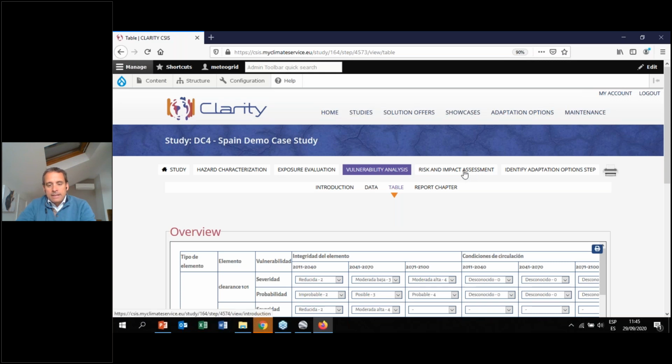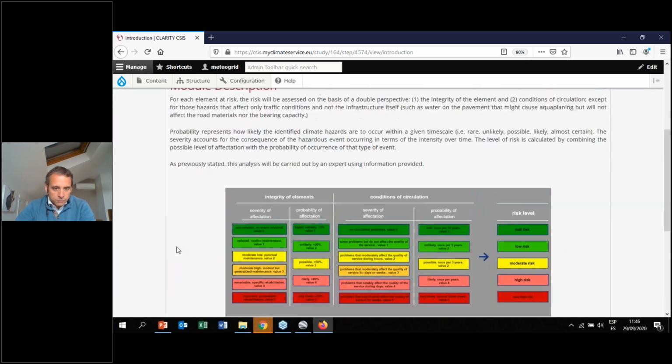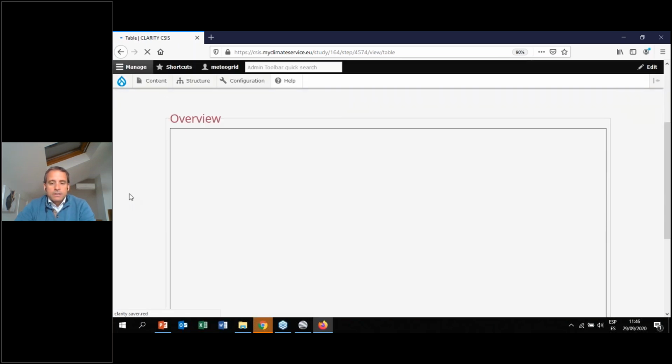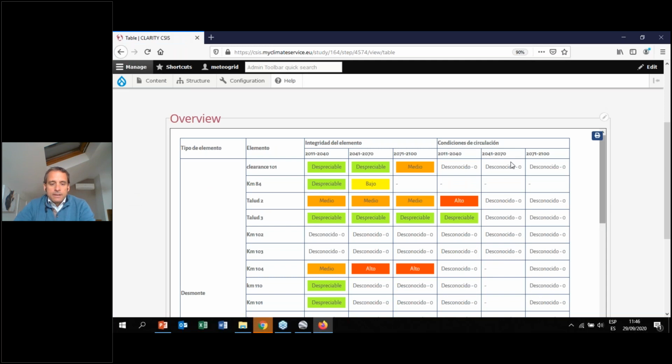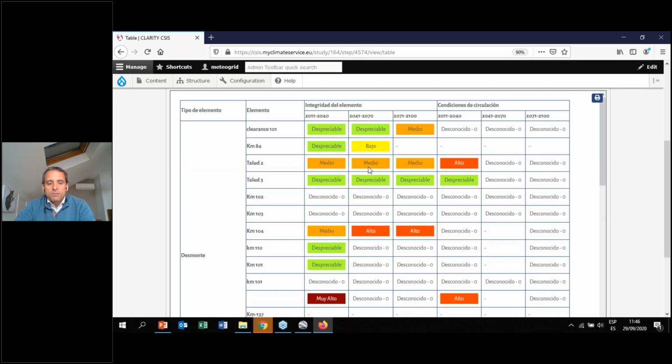And the next step in the system, the fourth step, the system calculates, according to the climate evaluation and according to the data that we have introduced in the table, a matrix where each element of the road has been identified and the risk assessment is calculated as high, medium, low, or negligible, despreciable in Spanish.